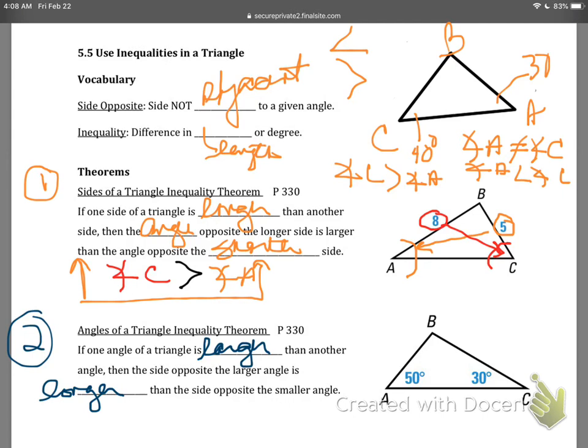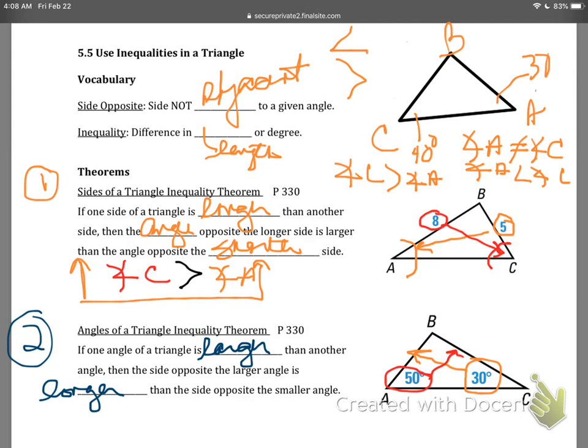Okay, so we'll use some color again. Here is the smaller angle right here, and its side opposite is AB. Here is the bigger angle, 50 degrees, and its side opposite is BC. So what can I say? It says if one angle of a triangle is larger than the other, then the side opposite is longer than the side opposite the smaller angle.